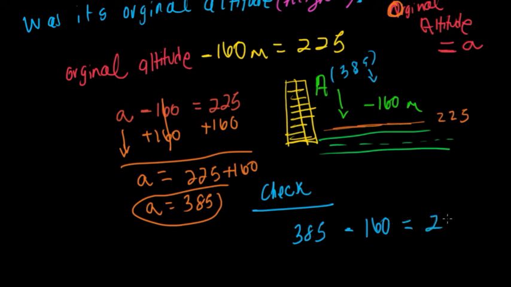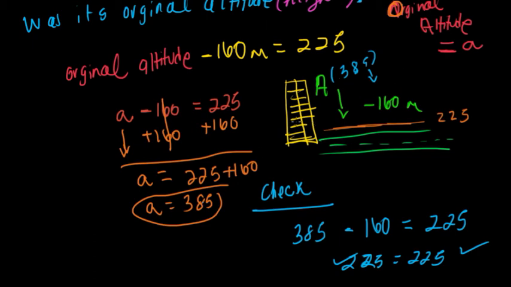That should be equal to 225 meters based on our problem. All we do is 385 minus 160, and we end up getting 225 is equal to 225. And this checks out on both sides. Therefore, this equation is true for the original altitude.